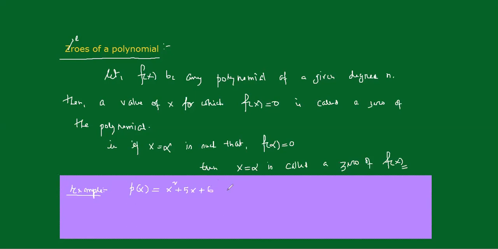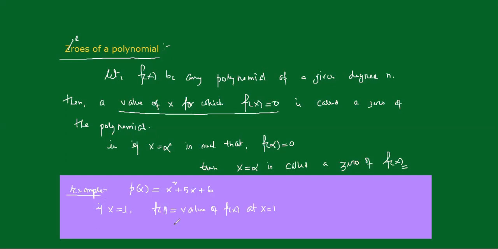A quadratic polynomial I have considered. Now by the phrase value of the polynomial, that is f(x) equal to 0, what do we mean? That means if I write x equal to 1 and I tell you to find f(1), this is what we call the value of f(x) at x equal to 1. That means the value of the polynomial at x equal to 1.